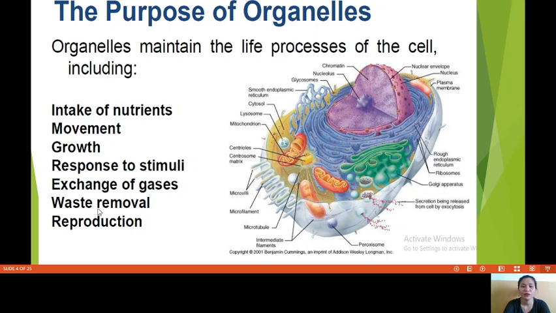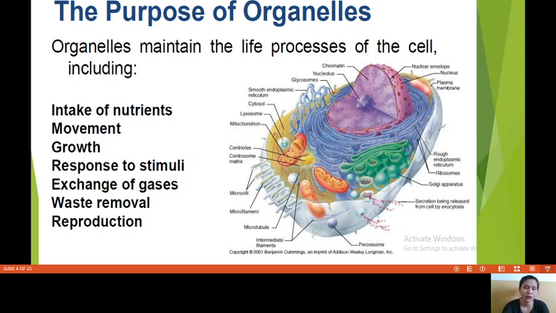You have your waste removal. So you have to remove the excess water and the waste product from the food that you eat. And also, reproduction, the making of a new offspring, making of a new baby. That is reproduction, making of a new organism. Okay, that is your life processes.